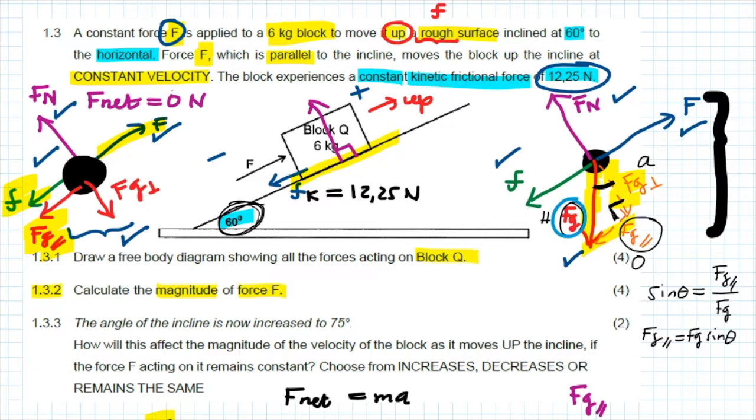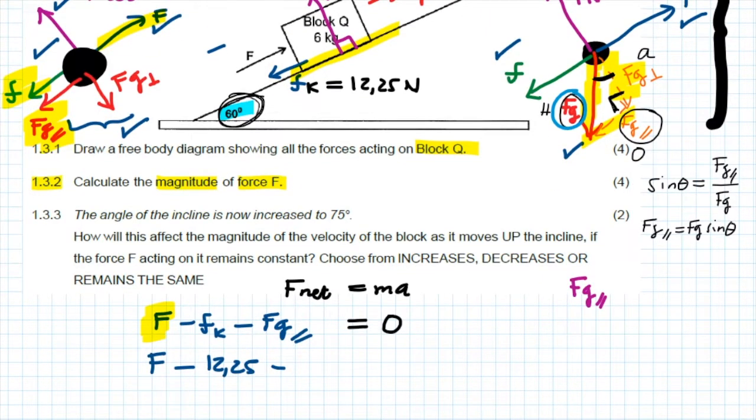So Fg multiplied by sine, because sine is for opposite. And if I'm trying to find the adjacent side, Fg perpendicular, I'm going to use cos. So Fg cos theta. It's unnecessary for you to show these workings. So if you remember that it is sine, you just write that down.